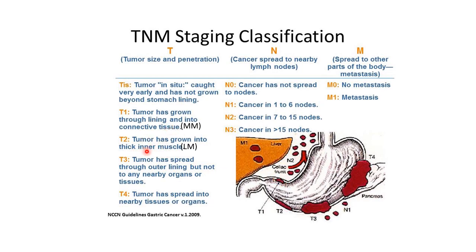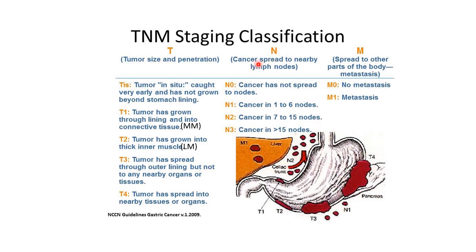T2, when it has grown into the muscular wall, the inner layer of the muscular wall. And T3, it has spread through the outer serosa, but it does not infiltrate any organs yet. And T4 is tumor spread to other nearby organs.